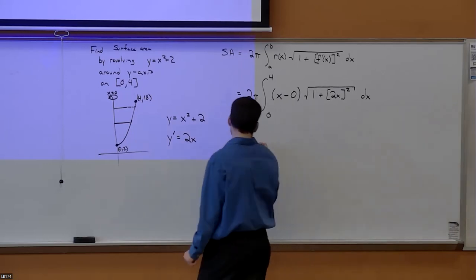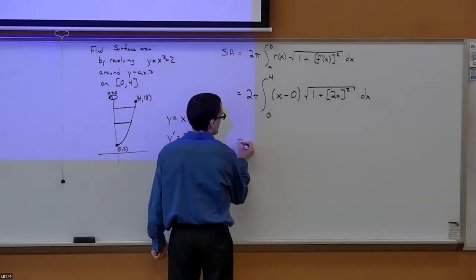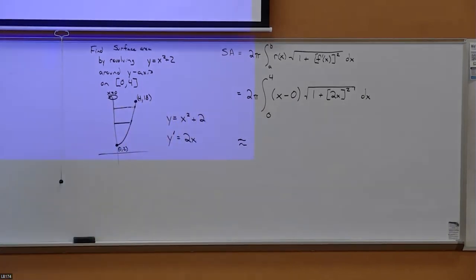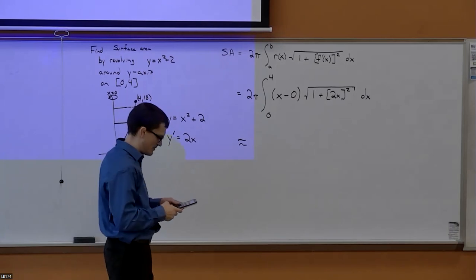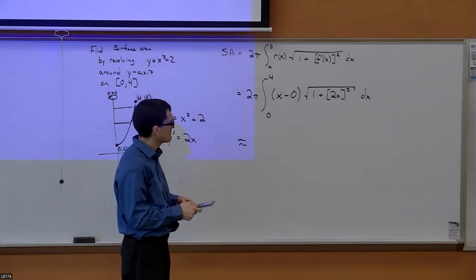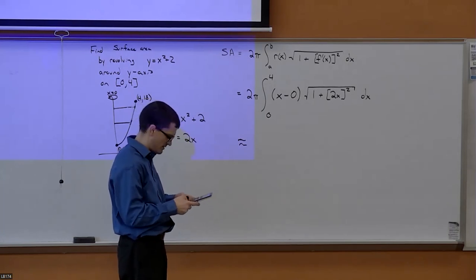I'll write that down in just a moment, but for now, I want you to realize that this version is also much easier to type into your calculator than the one we dealt with in y's. So 2 pi, integrate from 0 to 4.